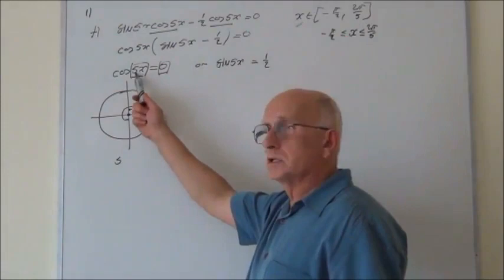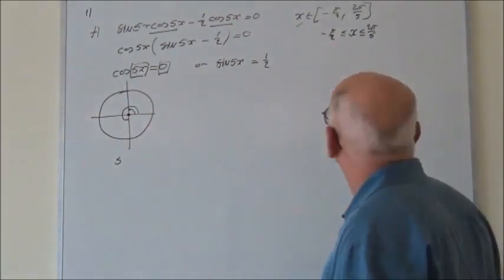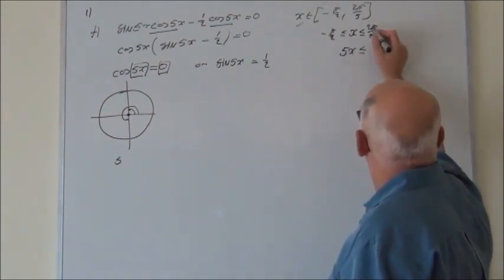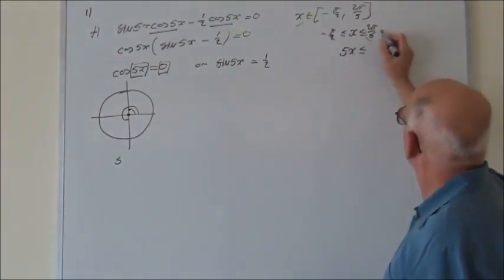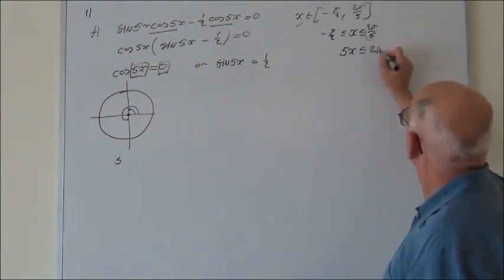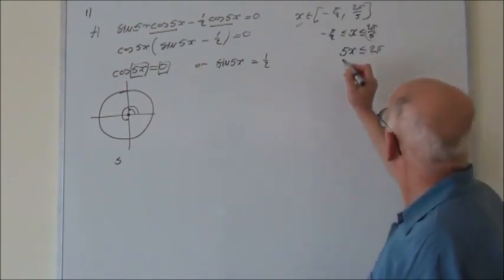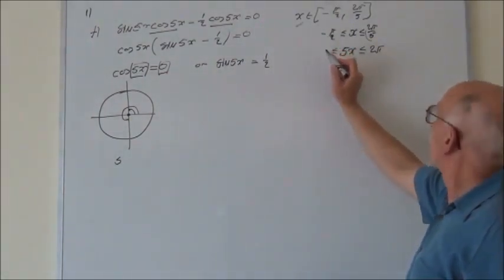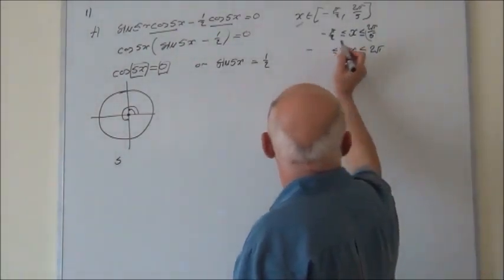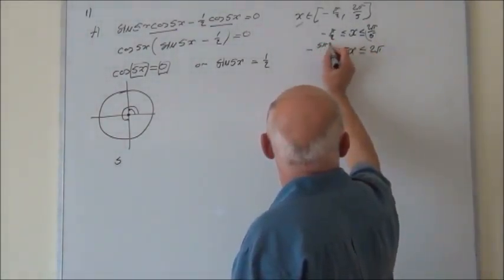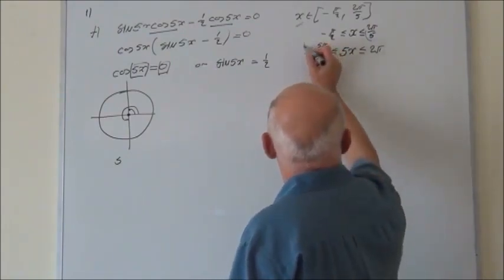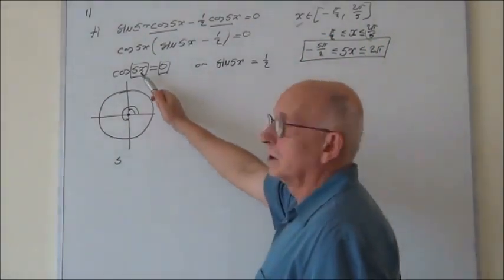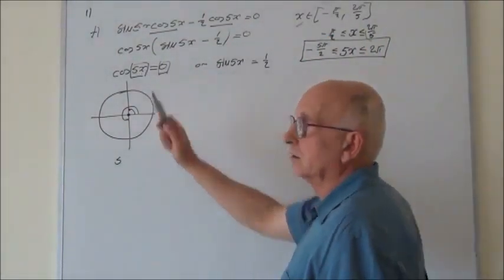But our angle is 5x. Then 5x is smaller or equal to this multiplied by 5, cancel 5 and 5, and it's 2 pi. On the other side, we have to multiply minus pi on 2 by 5, and it will be minus 5 pi on 2. Now this will be the domain for the 5x angle.